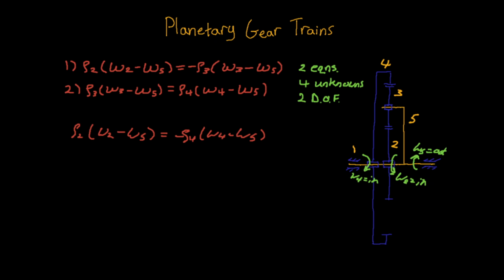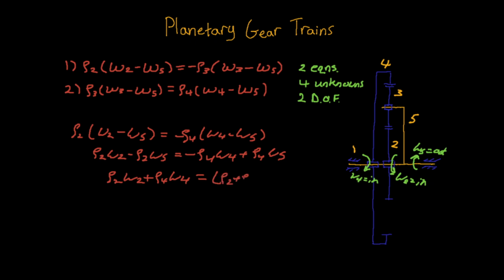And in this case, omega 2 and omega 4 are not 0, so we get rho 2 omega 2 minus rho 2 omega 5 is equal to minus rho 4 omega 4 plus rho 4 omega 5. And we can rearrange some of the terms and get rho 2 omega 2 plus rho 4 omega 4 is equal to rho 2 plus rho 4 times omega 5.